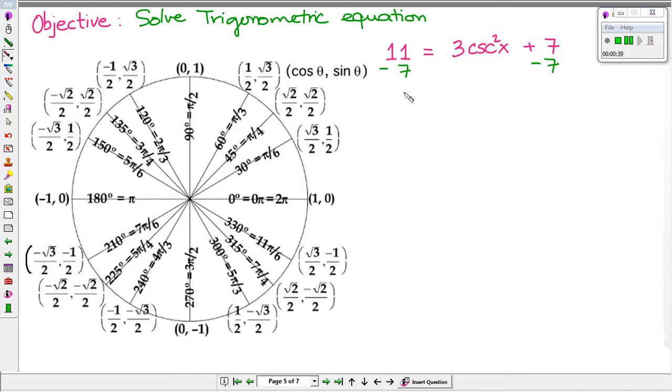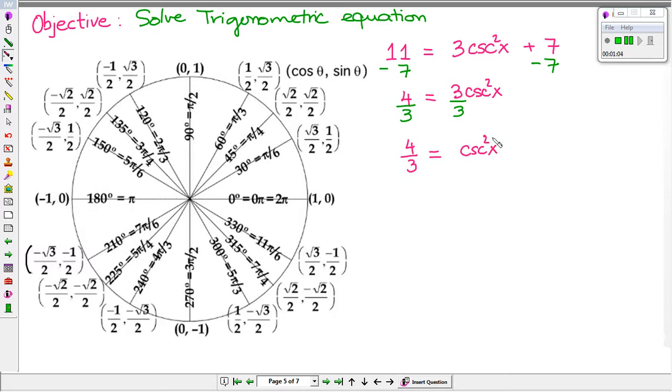That will give us 4 equals 3 cosecant squared of x. Next, we are going to divide both sides by 3. Now we have 4 over 3 equals cosecant squared of x.